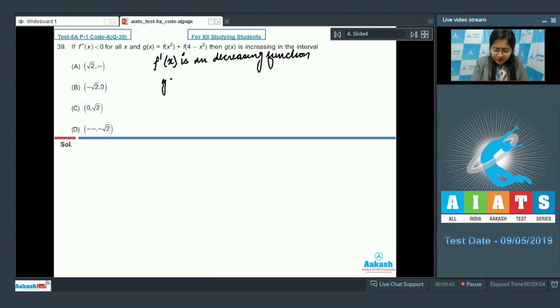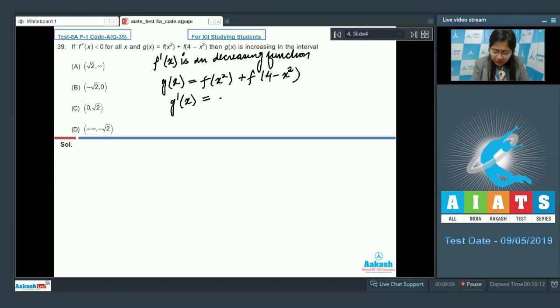Now it has been given that g(x) is equal to f of x square plus f of 4 minus x square. So we have to find where g(x) is increasing, which means that we should find g dash x and put it greater than 0.